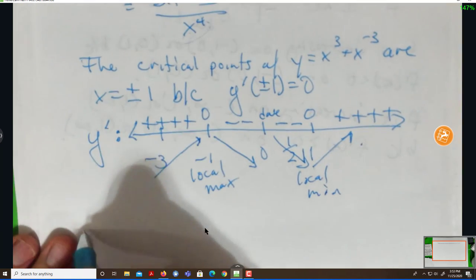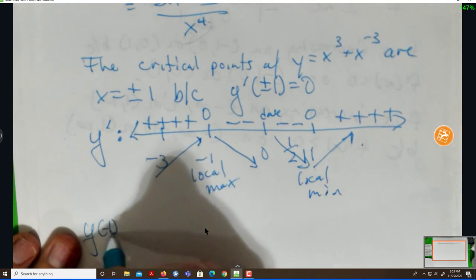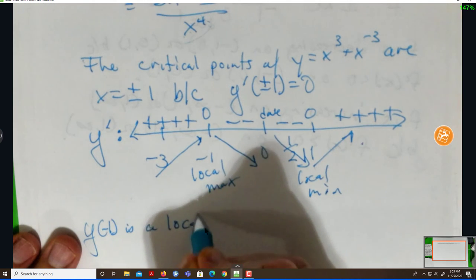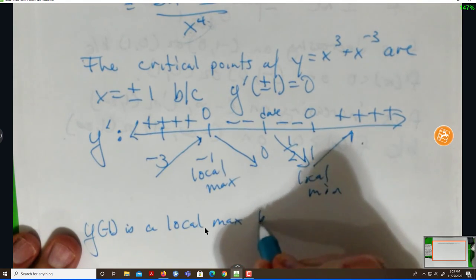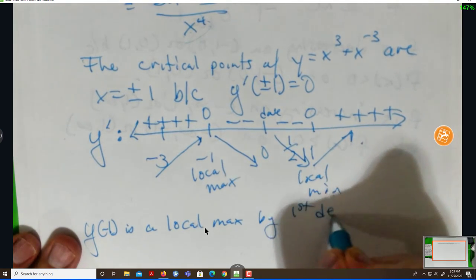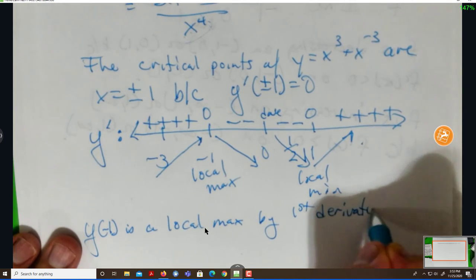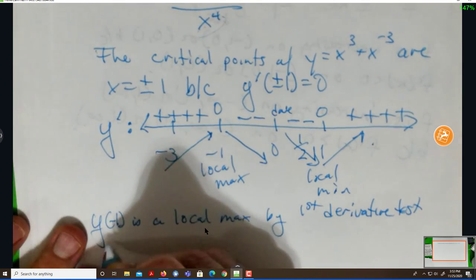Okay, y of negative 1 is a local maximum by the first derivative test. Why?